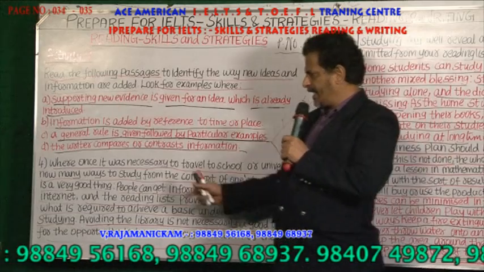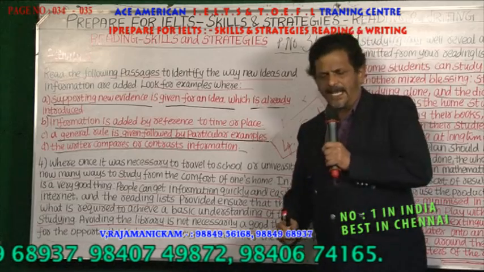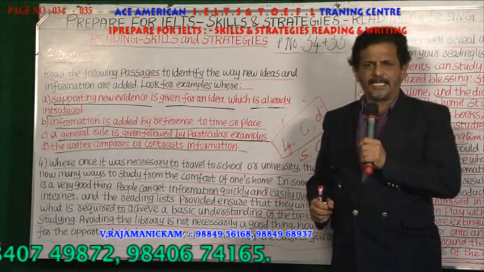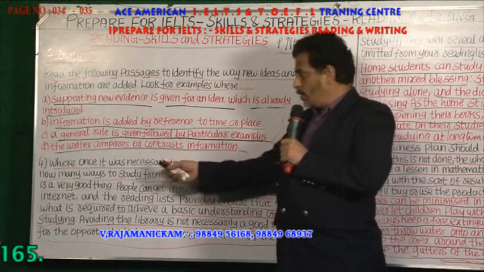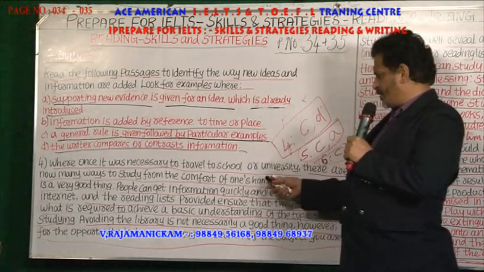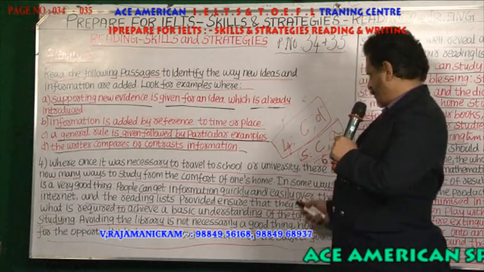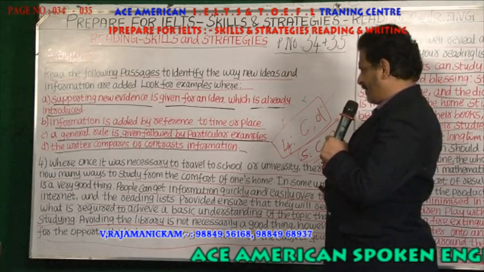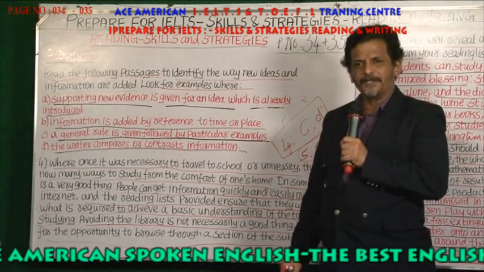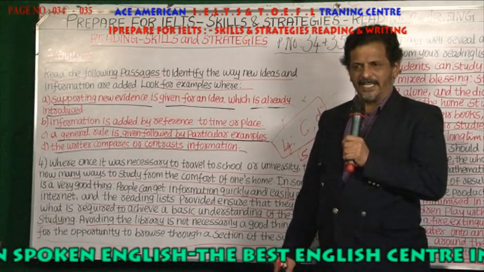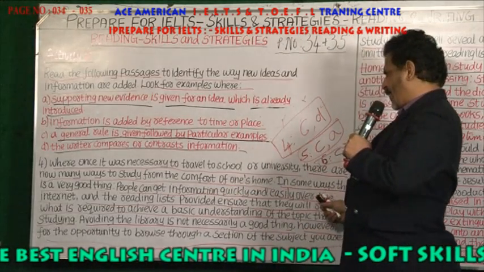For example, where once it was necessary to travel to school or university, there are now many ways to study from the comfort of one's home. So in some ways this is a very good thing. People can get information quickly and easily over the internet.